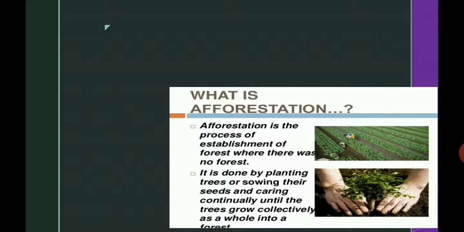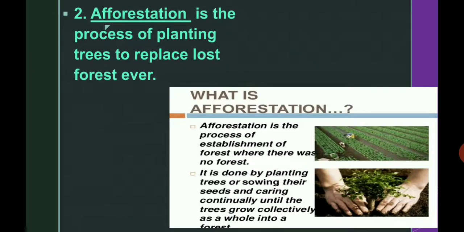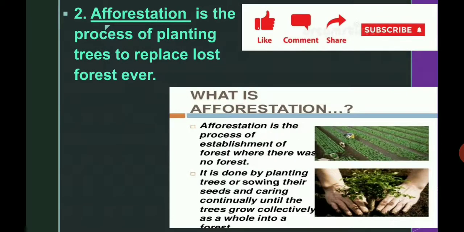It is done by planting trees or sowing their seeds and caring continually until the trees grow collectively into a forest. We should plant trees continually until it becomes a forest. In your second question: afforestation is the process of planting trees to replace lost forest.